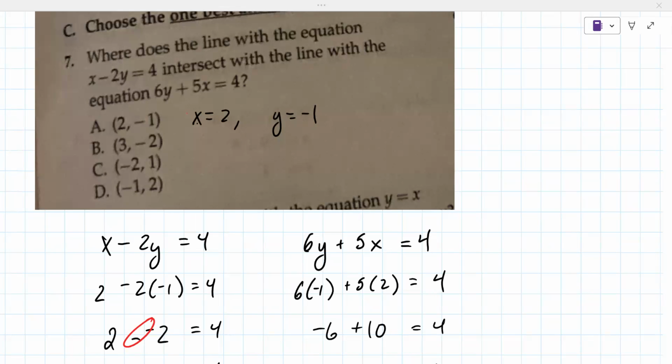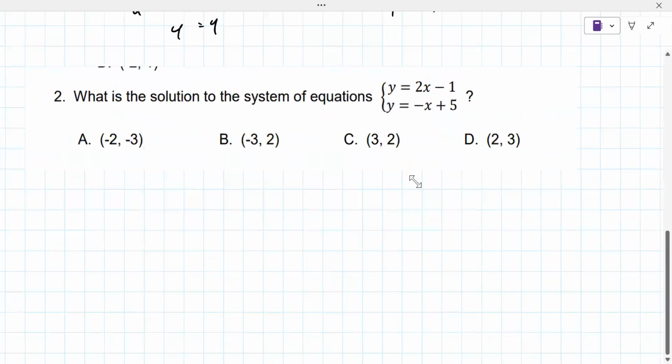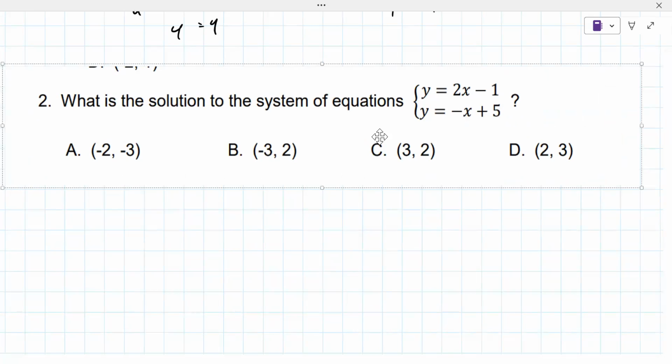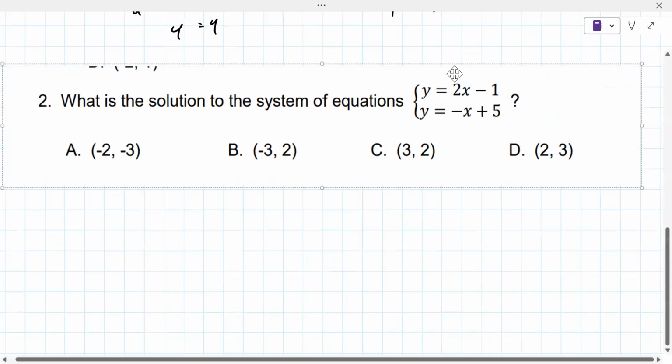So let's try another one here. So the idea is that the system of equations here can be solved by putting these numbers in for x and y.